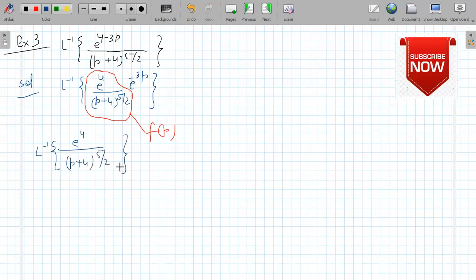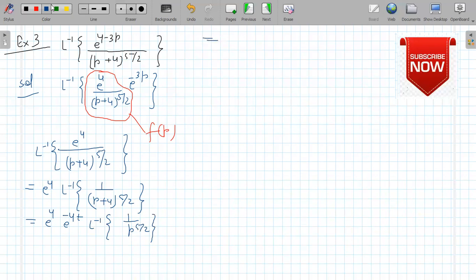So e raised to the power 4 is a constant, so we'll take it outside. We'll take the Laplace inverse of 1 upon (p plus 4) raised to the power 5 upon 2. So by first shifting theorem, its Laplace inverse will be e raised to the power minus 4t into Laplace inverse of 1 upon p raised to the power 5 upon 2.